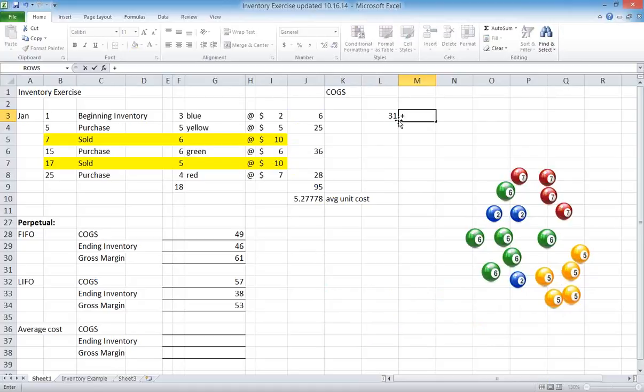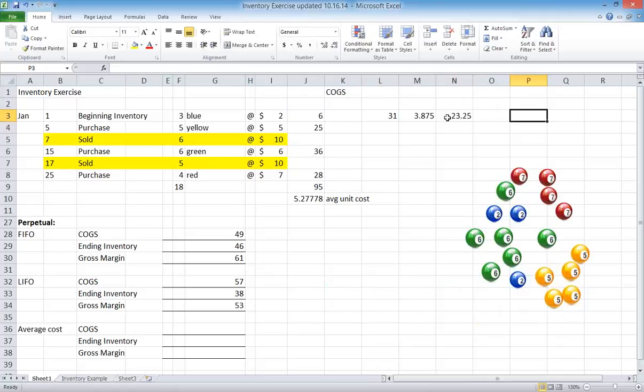So we're going to do 31 divided by 8, the cost divided by the number of units, and our average unit cost when we make this first sale here is going to be $3.87.5. So we sold 6 at that cost. Okay. And then that leaves us 2 items.